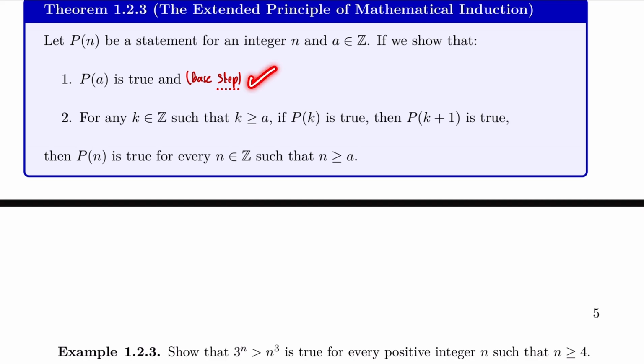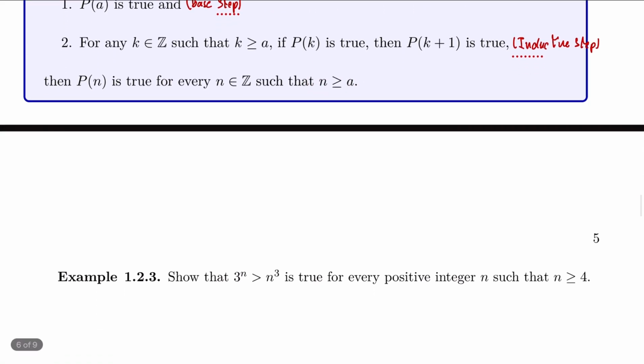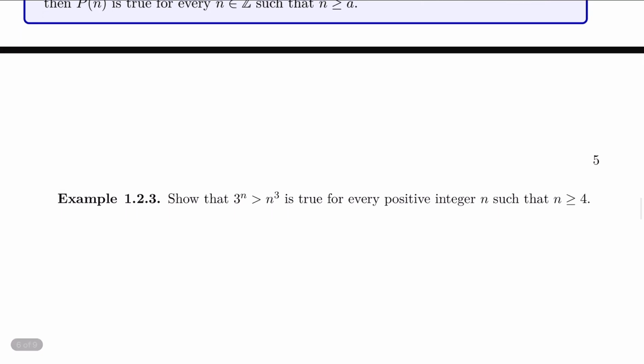This is the inductive step. If you can prove these steps, we can show that P of n is true for every integer n such that n is greater than or equal to a.